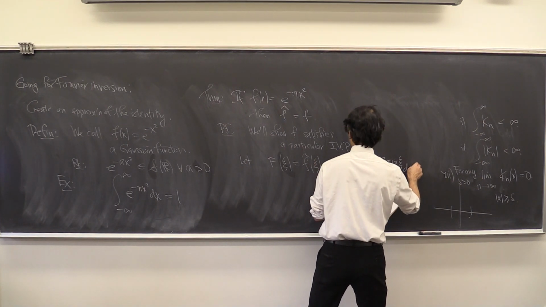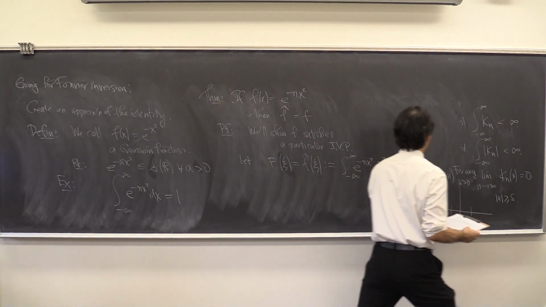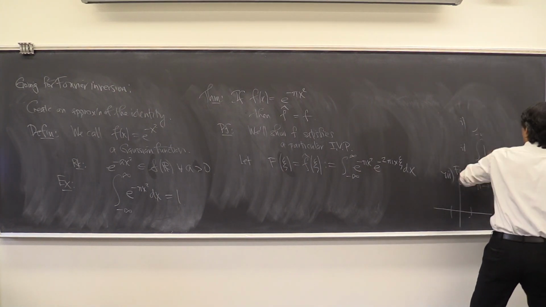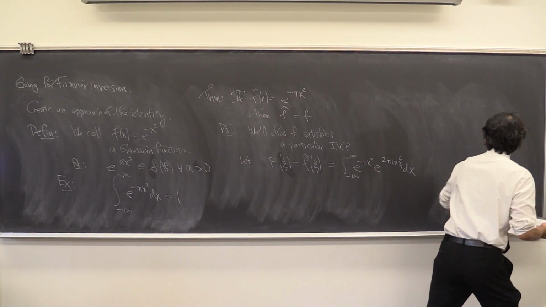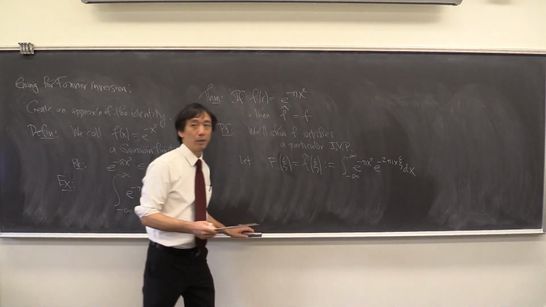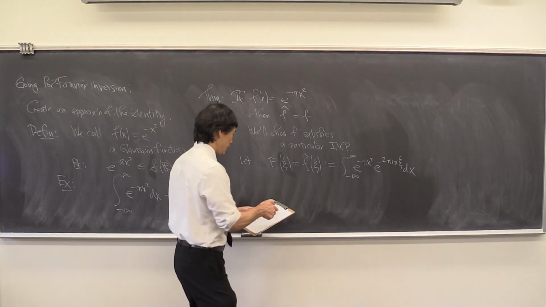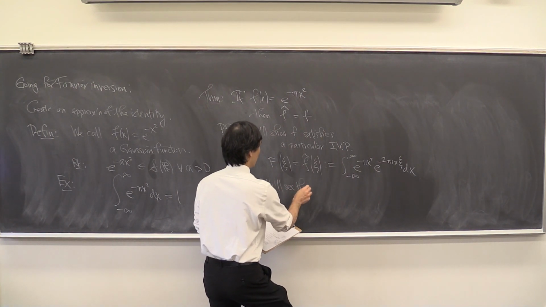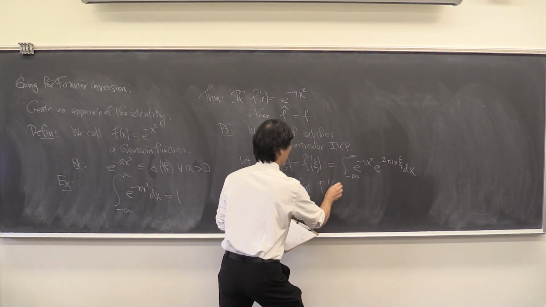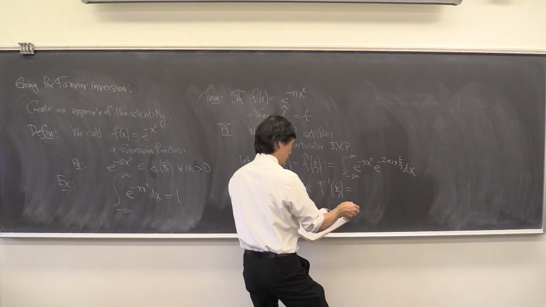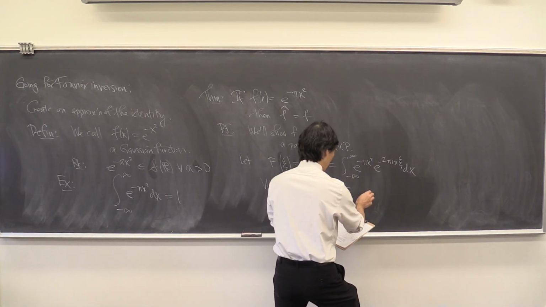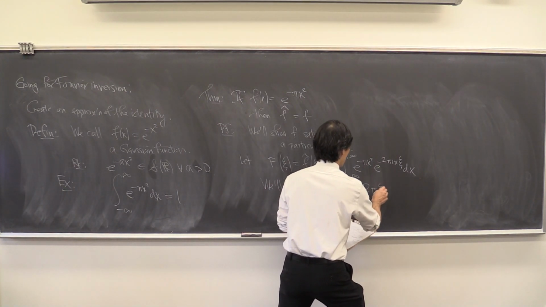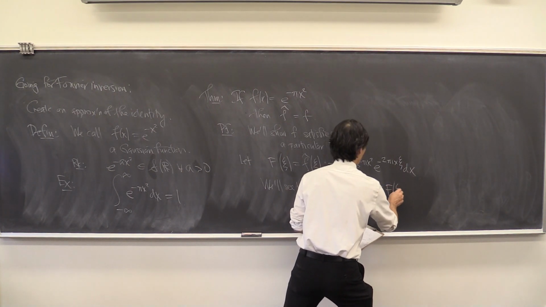Excuse me. Okay, so what we're going to show is that f prime equals negative 2 pi c f of c.